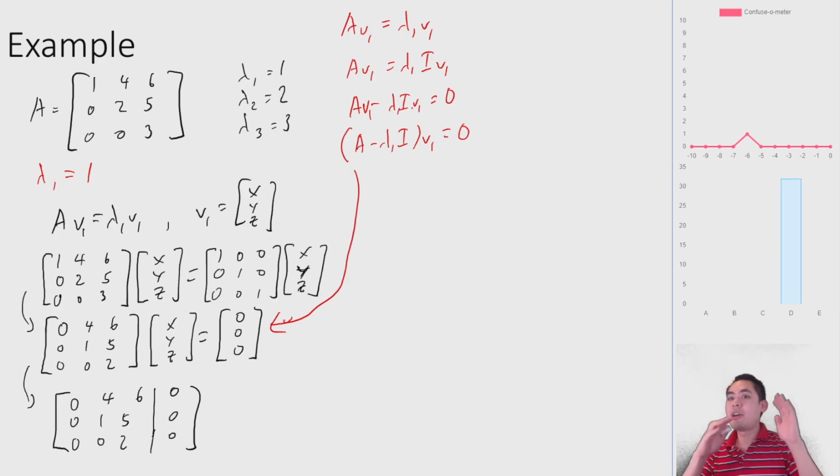We've subtracted all the entries on the diagonal by 1, because we're subtracting out by the identity matrix times lambda 1 on both sides. Does that clear things up a little bit more? Okay, so now we have the system of equations, we just need to solve for them.